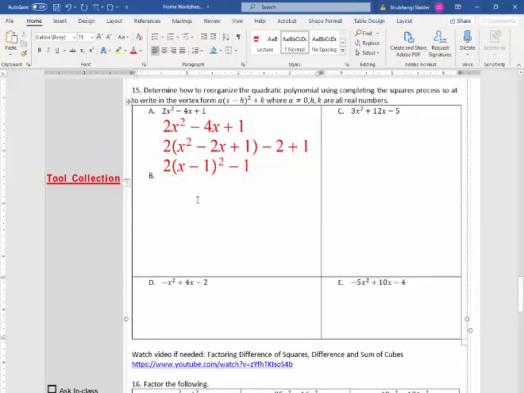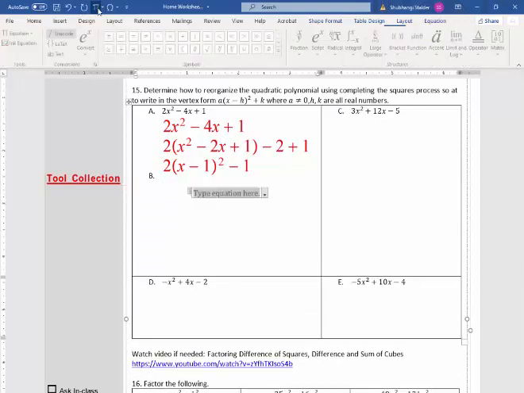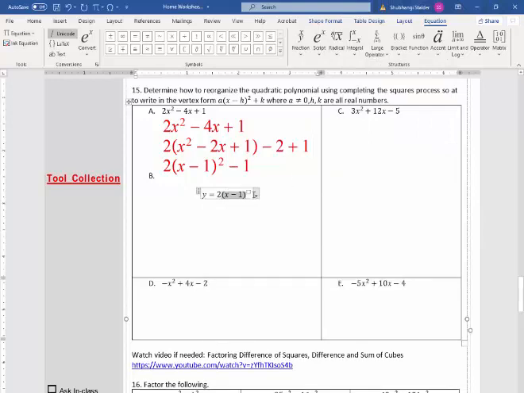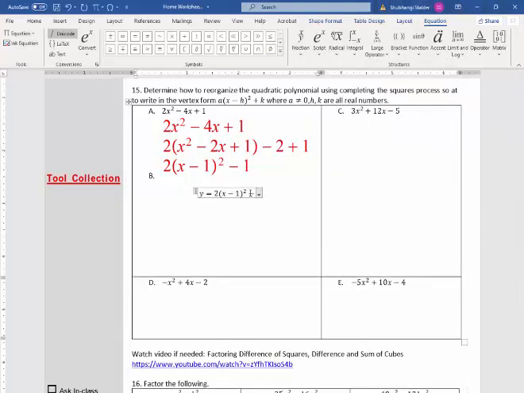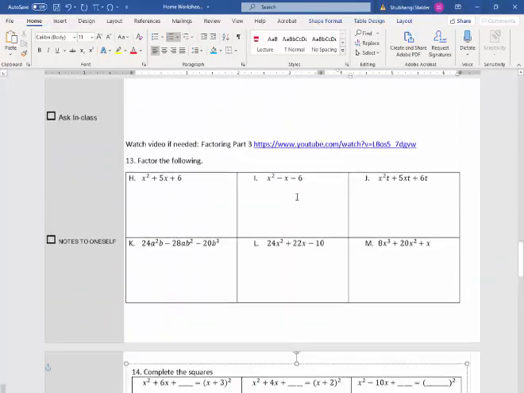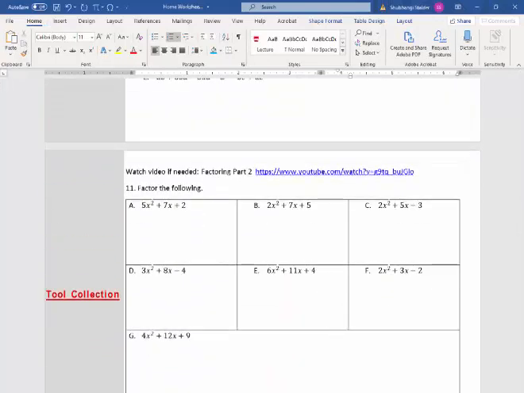Do you think you could sketch the graph of the function y equals 2 times x minus 1 squared minus 1? What do you think the graph would look like? Let's get a blank graph paper from up here, from our other file.